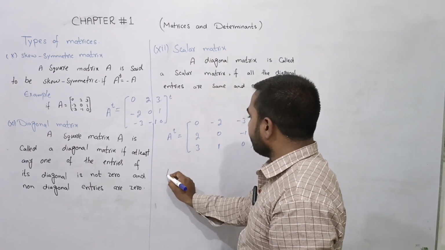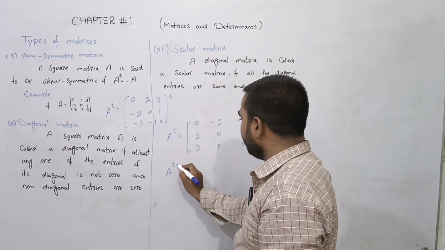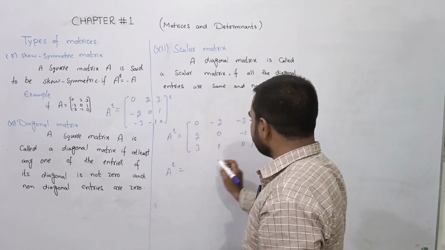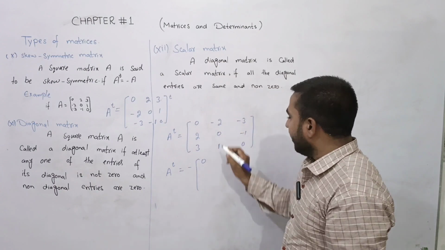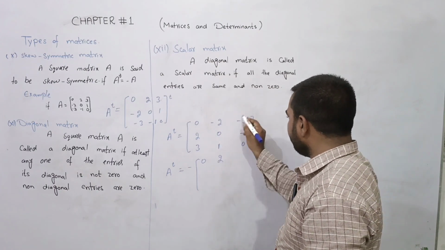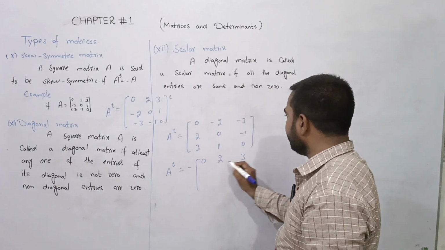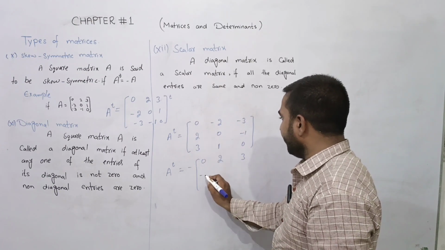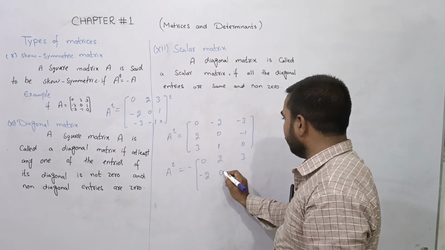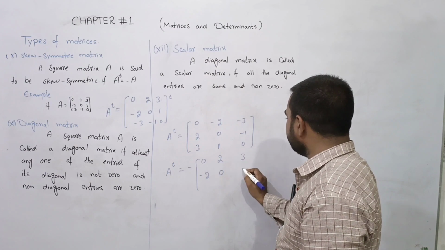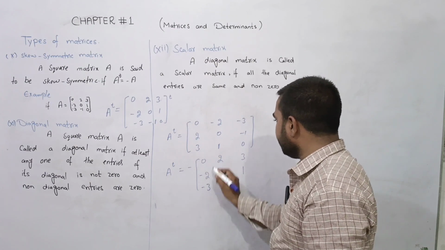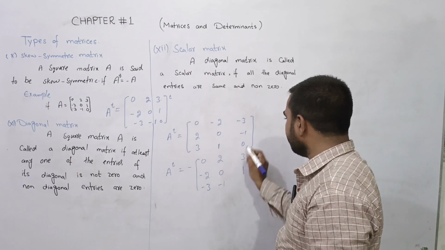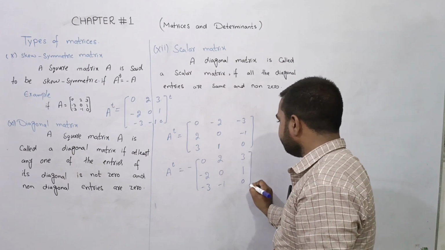Then if we take minus common from this matrix, 0 remains 0, -2 changes into positive 2, -3 changes into positive 3 and 2 changes into -2, 0 is neutral, -1 changes into positive 1 and 3 changes into -3 and 1 changes into -1 and 0 remains the same.